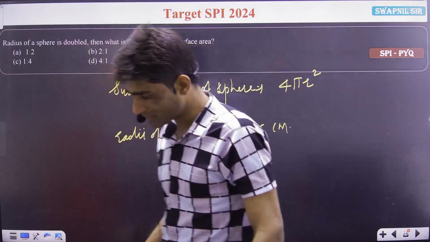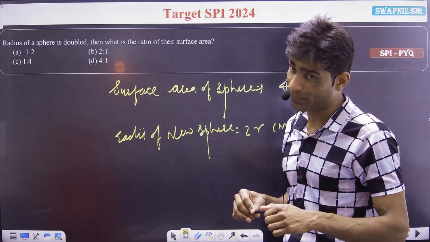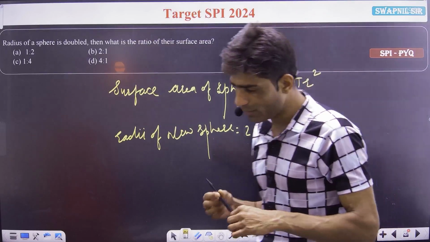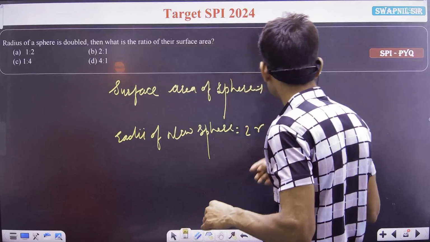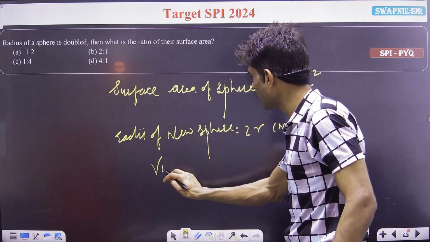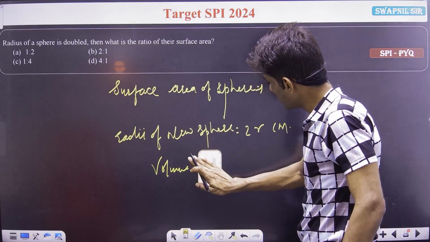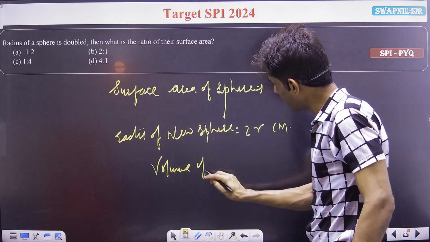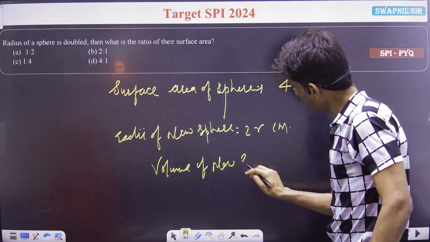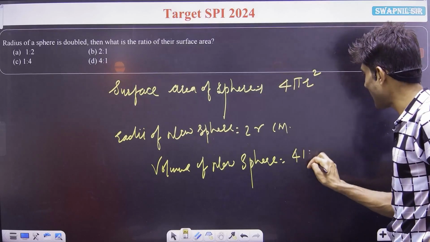And then the area of the new sphere. Let me write the volume of the new sphere: 4 pi as it is.